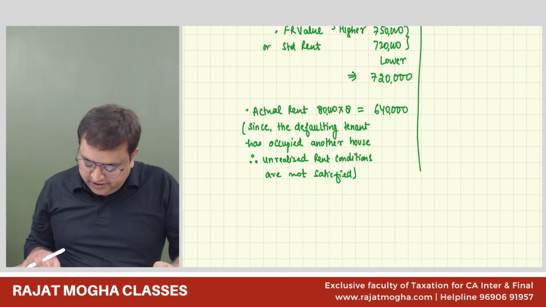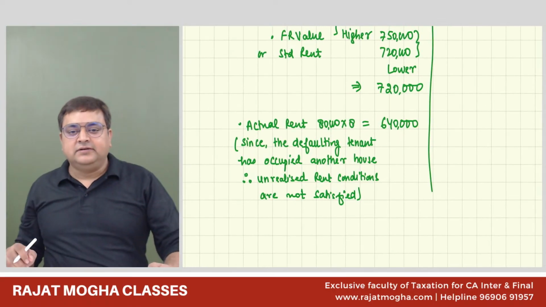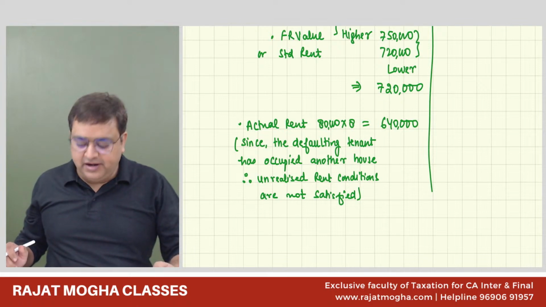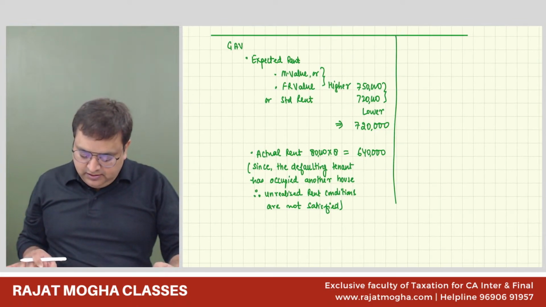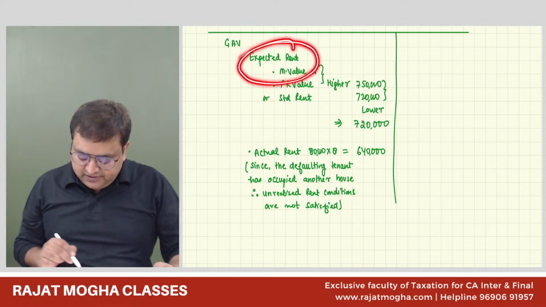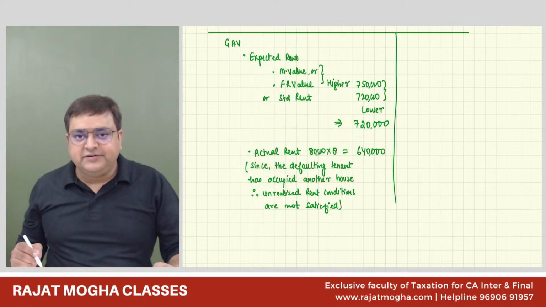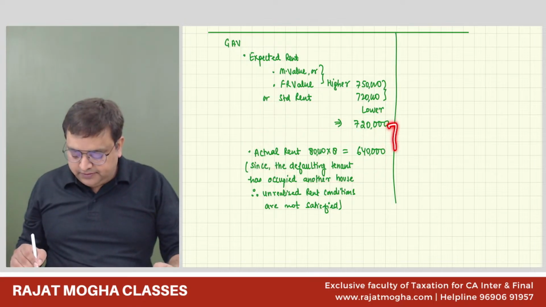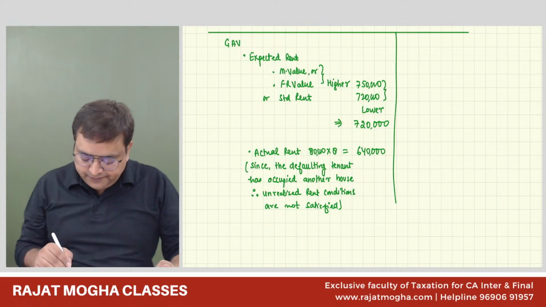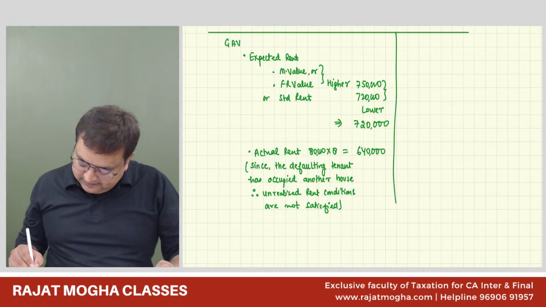So why we are not deducting it, we have mentioned it. Since he is already occupying another property, we cannot deduct that. Now GAV is the higher of expected rent or actual rent, whichever is more. There is no vacancy, so we will not compute any proportionate expected rent. So 7,20,000 is the GAV.